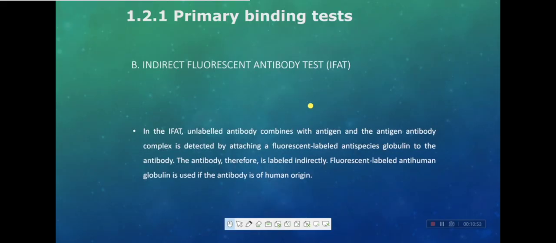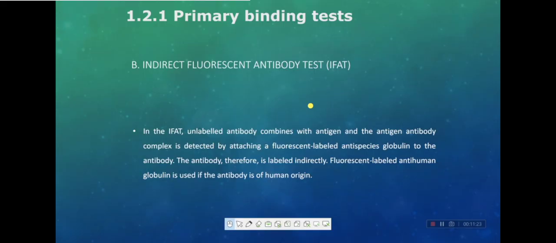Now talking about the indirect fluorescent antibody test. In the indirect fluorescent antibody test, unlabeled antibody combines with the antigen, and the antigen antibody complex is detected by attaching a fluorescent labeled anti-species globulin to the antibody. So the antibody is labeled indirectly in this process, because the antibody is not directly labeled.